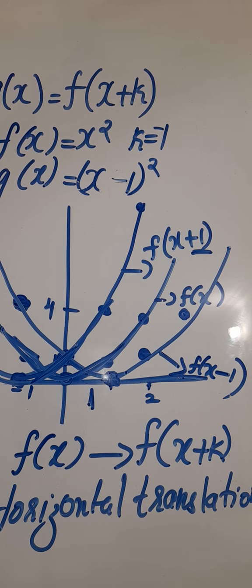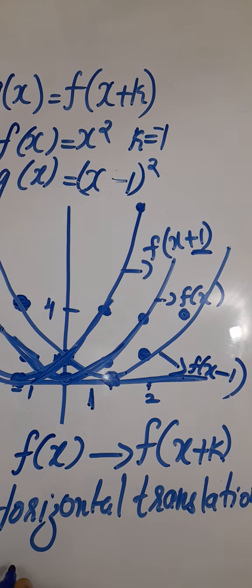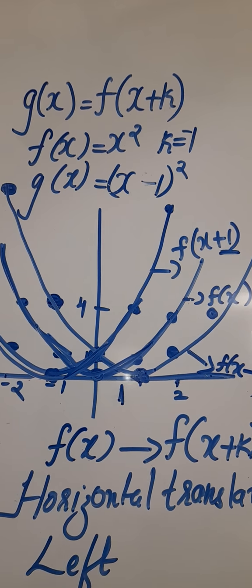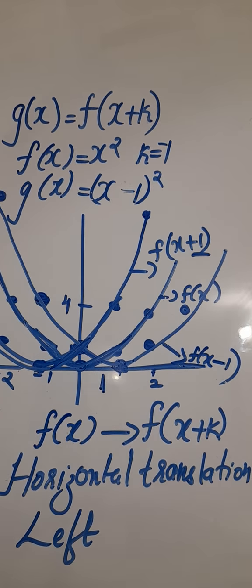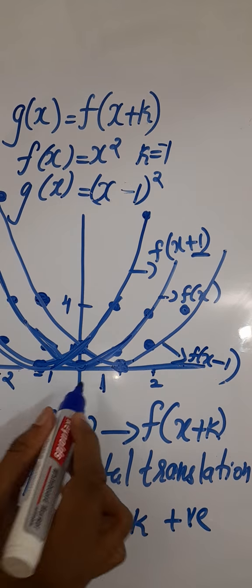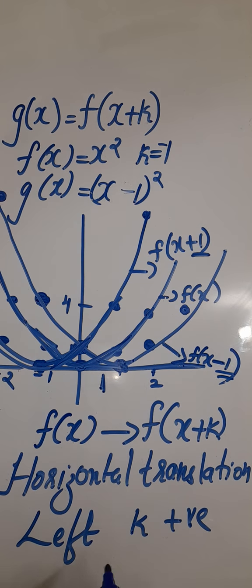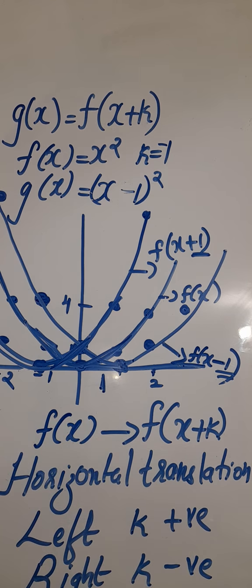Now this translation, the curve gets translated to the left side if k value is positive. It is translation to the left if k is positive, and it is translation to the right side if k is negative.